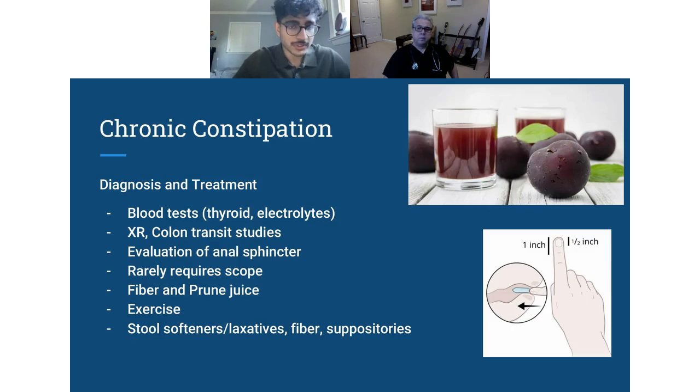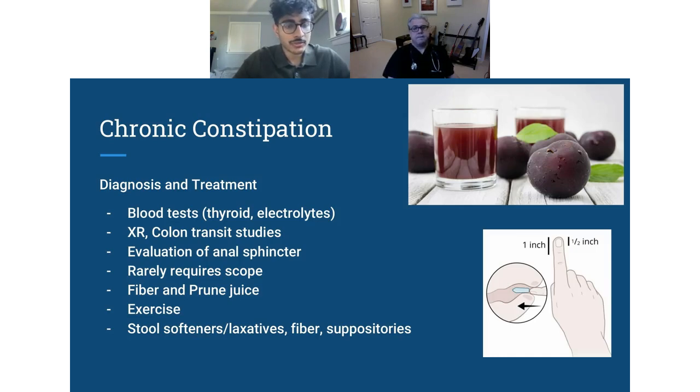So with chronic constipation, we generally look at some blood tests to rule out any abnormal causes. It's also usually a diagnosis of exclusion and up to clinical reasoning of the physician. We can also do an X-ray or do colon transit studies to see how food passes through the stomach and the intestines.